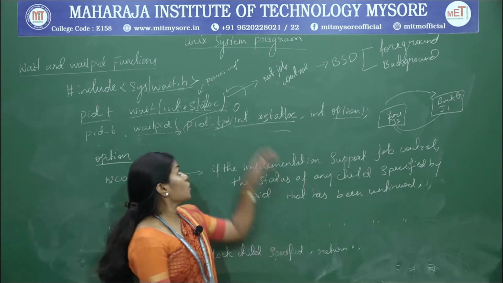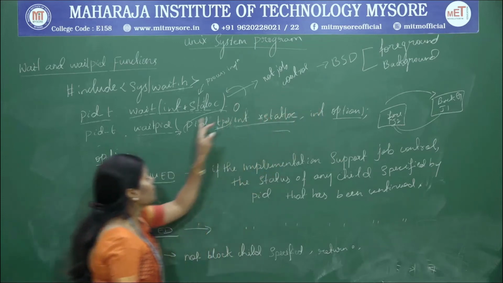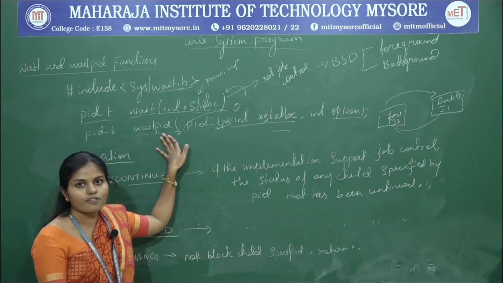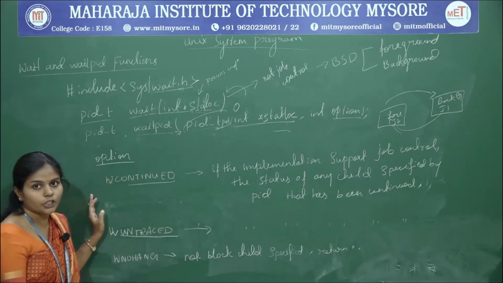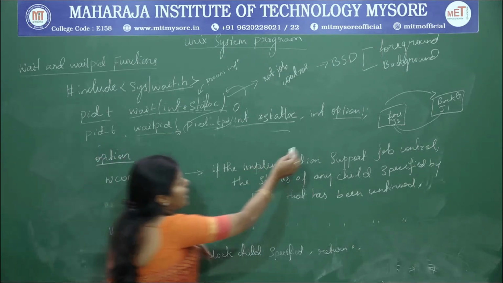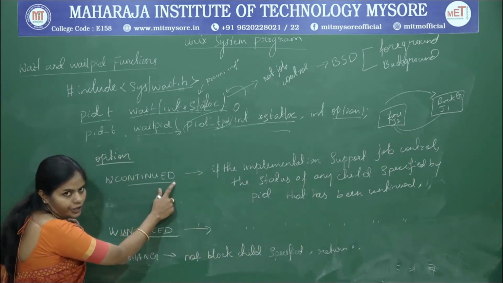Now wait is not going to support job control, but waitpid is going to support job control, through this option parameter. So now see here, the first one, WCONTINUED.